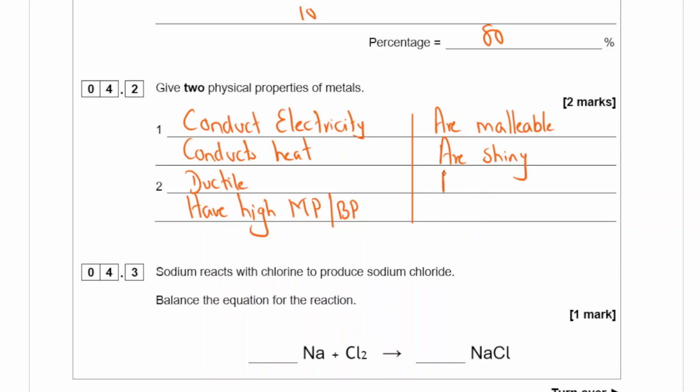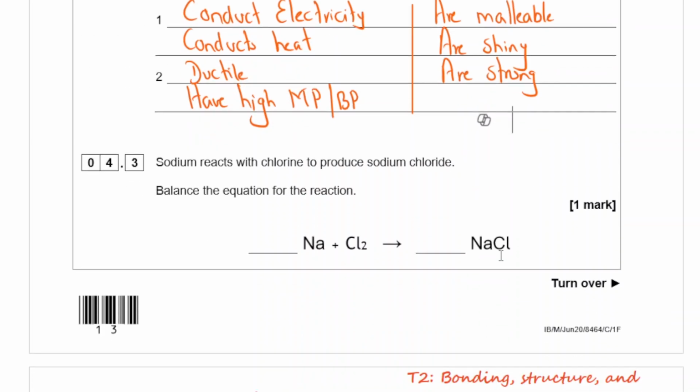And are strong. Right? But any of the first four is actually the best properties, because some metals don't appear as shiny, right? Some metals are not as strong. For example, potassium and sodium, you can cut it with a butter knife, so they're not actually that strong, are they?